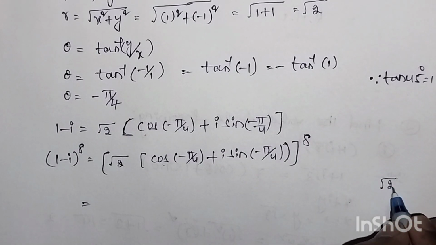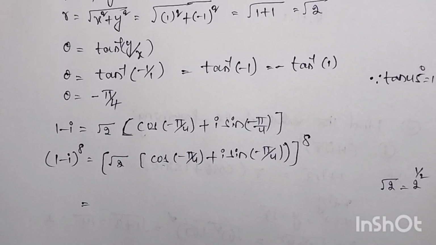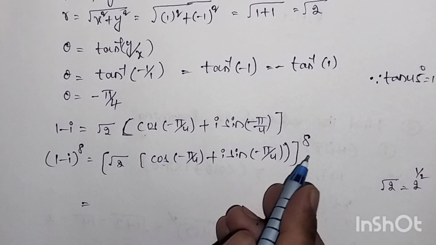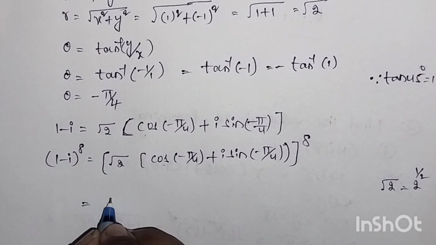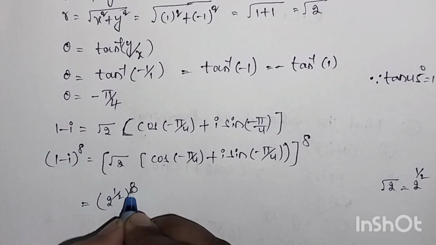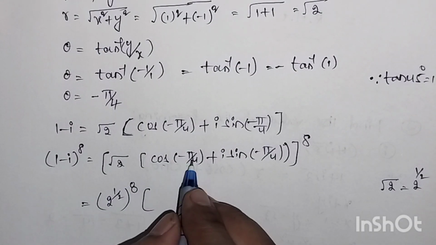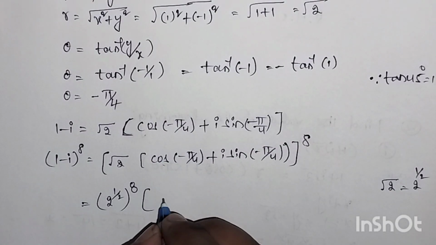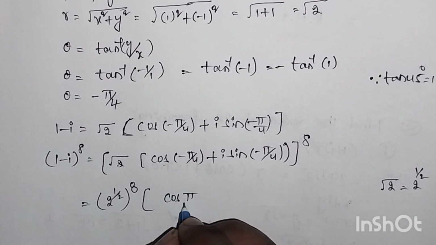Root 2 can be written as 2 power 1 by 2. I apply the power to root 2, that is (2 power 1 by 2) whole to the power 8. So cos of minus theta is again cos theta, that is cos pi by 4.